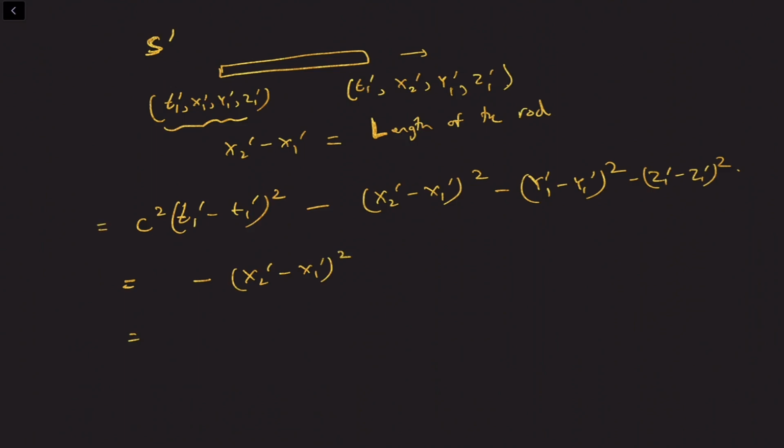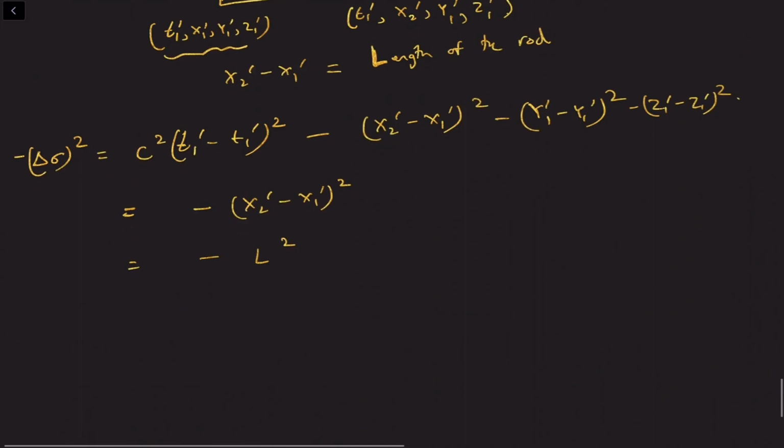And as we've seen, when it's negative, a good way to define it is to use delta sigma squared. Okay, and so when we use delta sigma squared, this is equal to minus the length of the rod squared. So in other words, delta sigma just tells us the length of the rod.